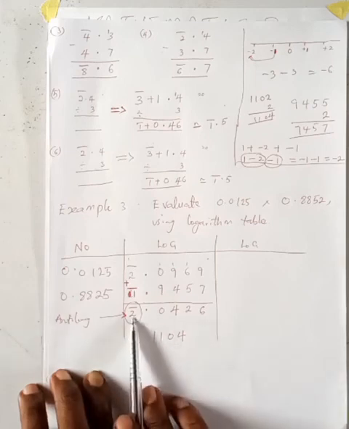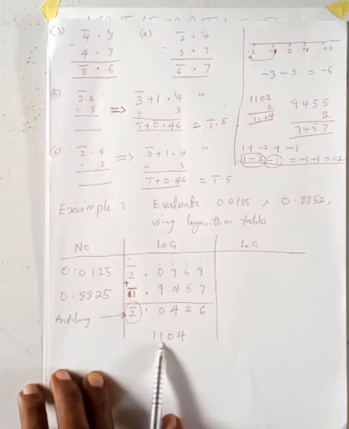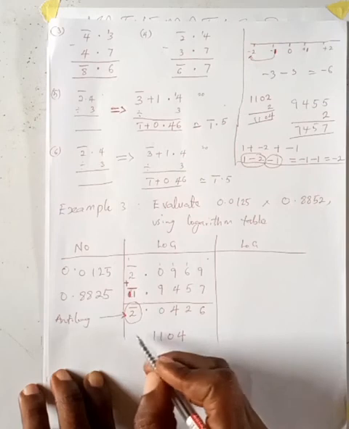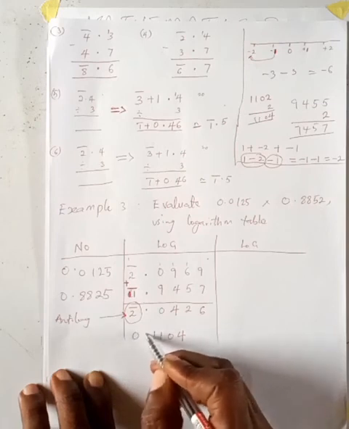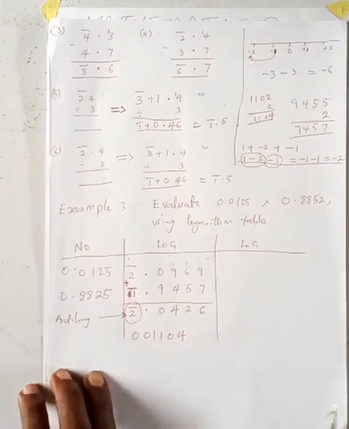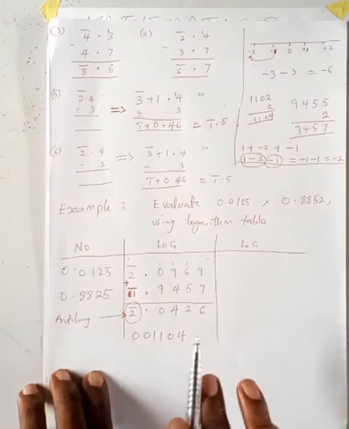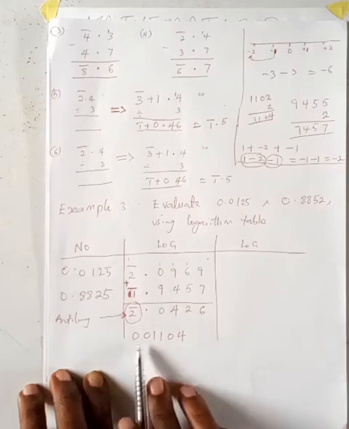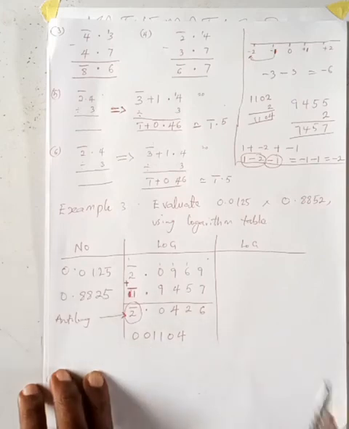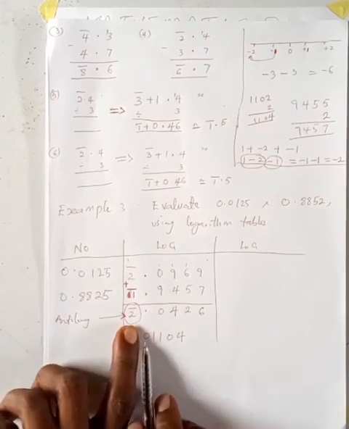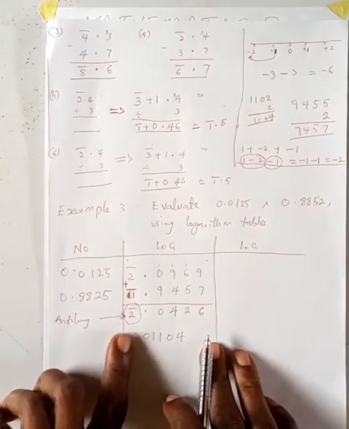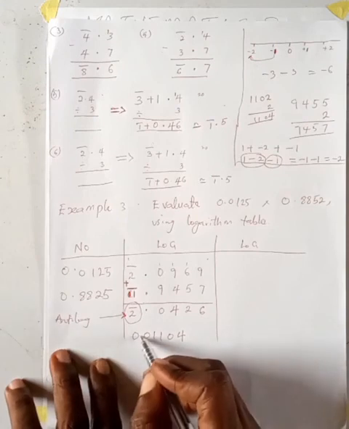But in this case, we have bar 2. It means this thing has to begin with 2, 0. So it means I'm going to now write 0, 0. And the decimal point needs to be there. Has to be between the first and the second 0. In case of multiple 0. But in case of only one 0, then the decimal point will have to be between 0 and the next number. So the decimal point is going to be here.